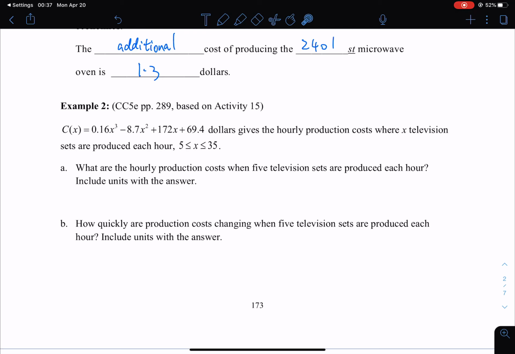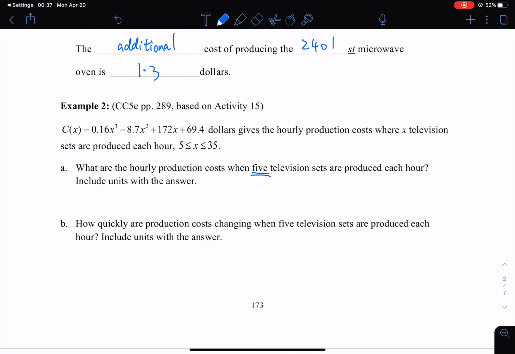All right, so for example 2, we are given a cost function C of x. The output unit is dollars, and this one gives the hourly production cost. The input variable x is television size, and the domain is from 5 to 35. The first question: what is the hourly production cost when 5 television sets are produced each hour?